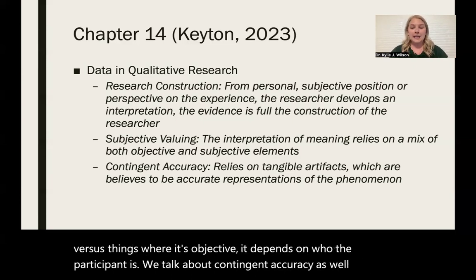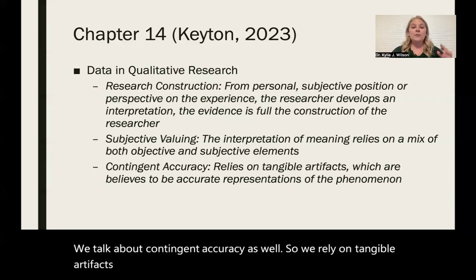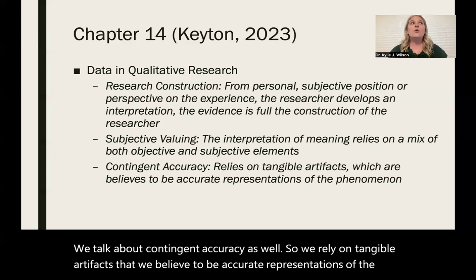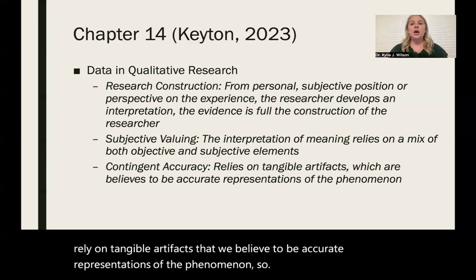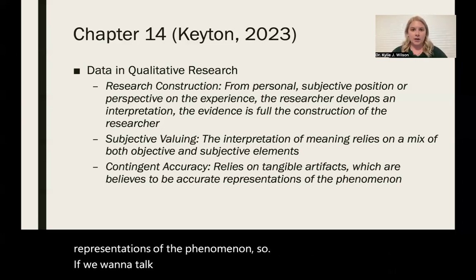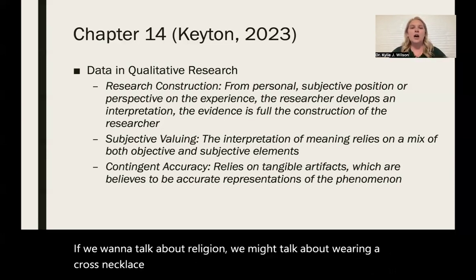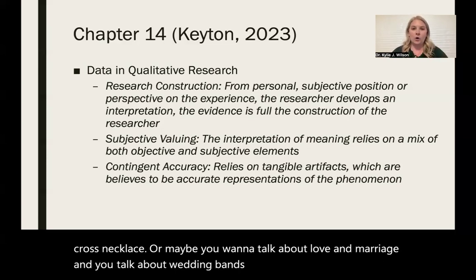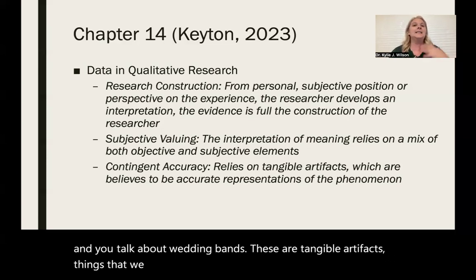So we rely on tangible artifacts that we believe to be accurate representations of the phenomenon. So if we want to talk about religion, we might talk about wearing a cross necklace. Or maybe you want to talk about love and marriage and you talk about wedding bands. These are tangible artifacts, things that we can hold in our hands, things that symbolize something. Okay?